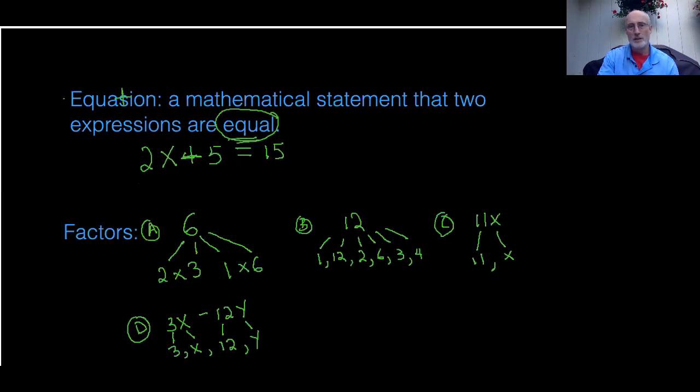Whenever you see this equal sign that you see right here, this is an equation, okay? 2x plus 5 equals 15. And when you have an equal sign, now you have an equation, okay? And in this particular equation, 2x plus 5, well, 2 times 5 is 10, plus 5 is 15. So x must be 5 in this particular case, okay?